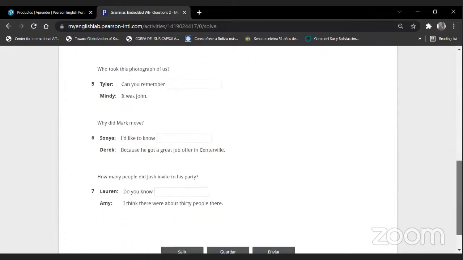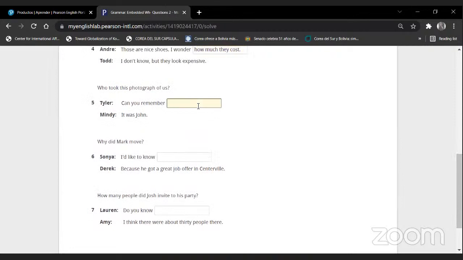I don't know who took this photograph of us. Can you remember who took this photograph of us? I'd like to know why Mark moved.